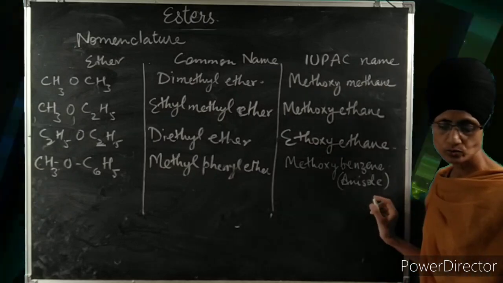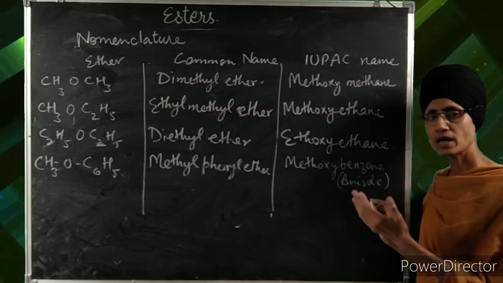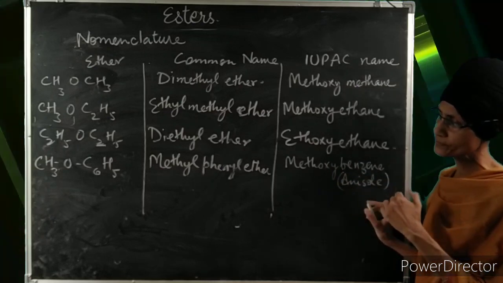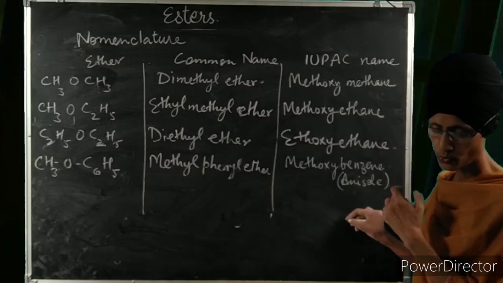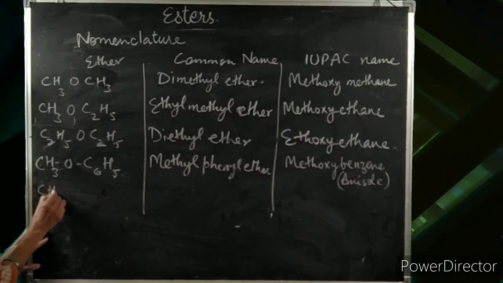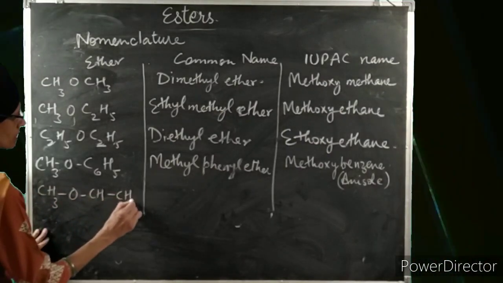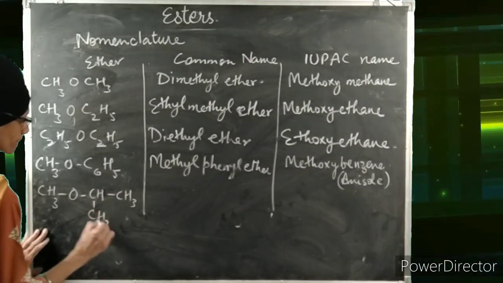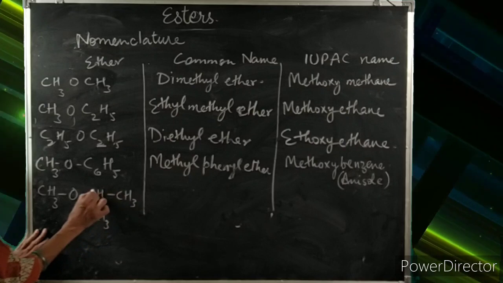Now coming to more examples where we can see that alkyl groups are branched also in ethers. Sometimes alkyl groups are branched. In that case we can do the naming in the same way. For example, if one is a methyl group and the other is an isopropyl group, then we will number the propyl chain as 1, 2 and 3.